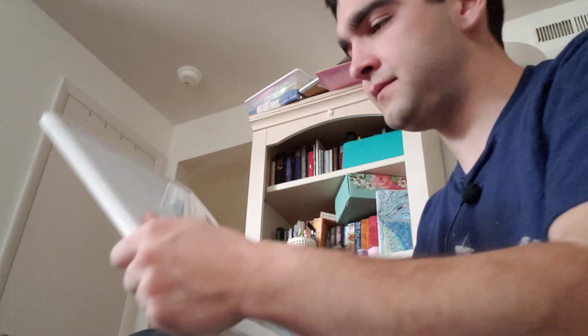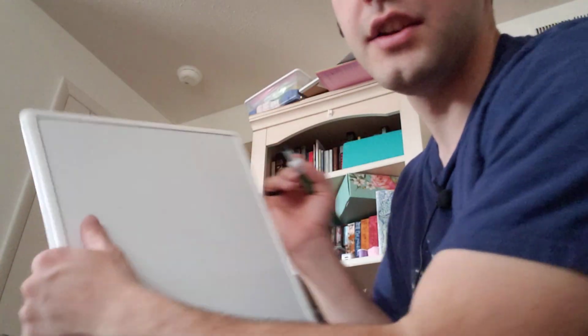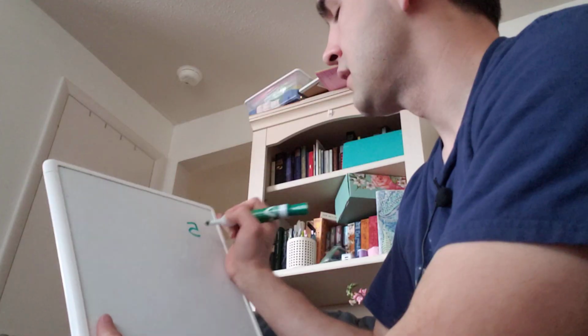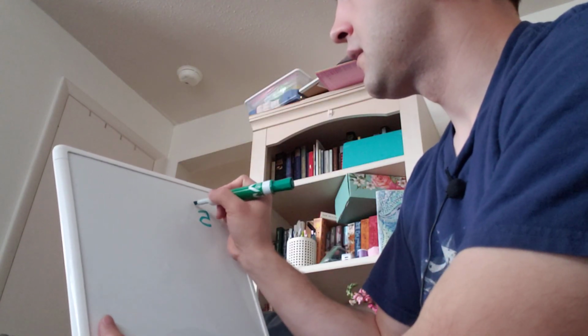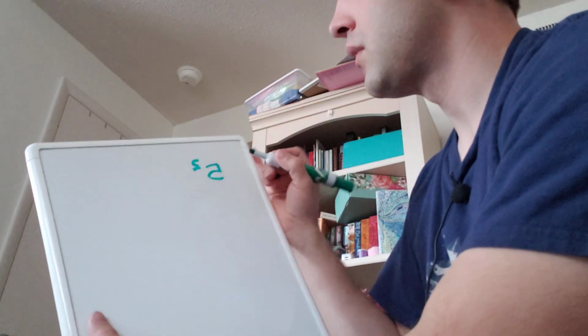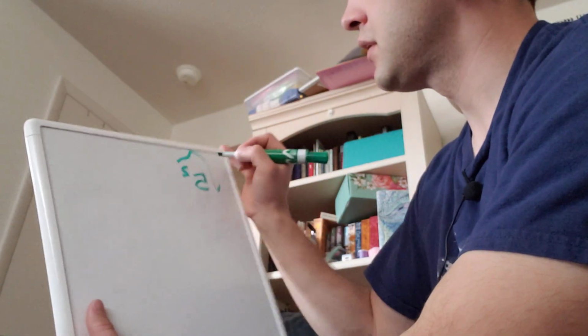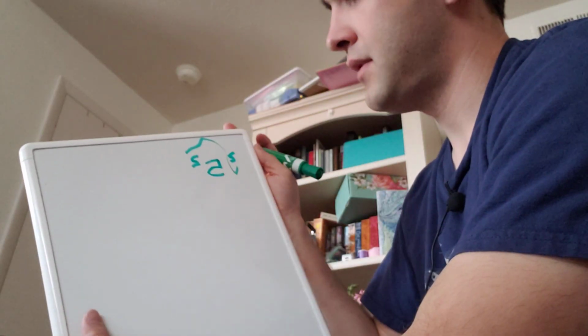So the way to undo the top of the exponent is with roots. So 5 squared, the way you undo that is you take what's called the square root, like that.